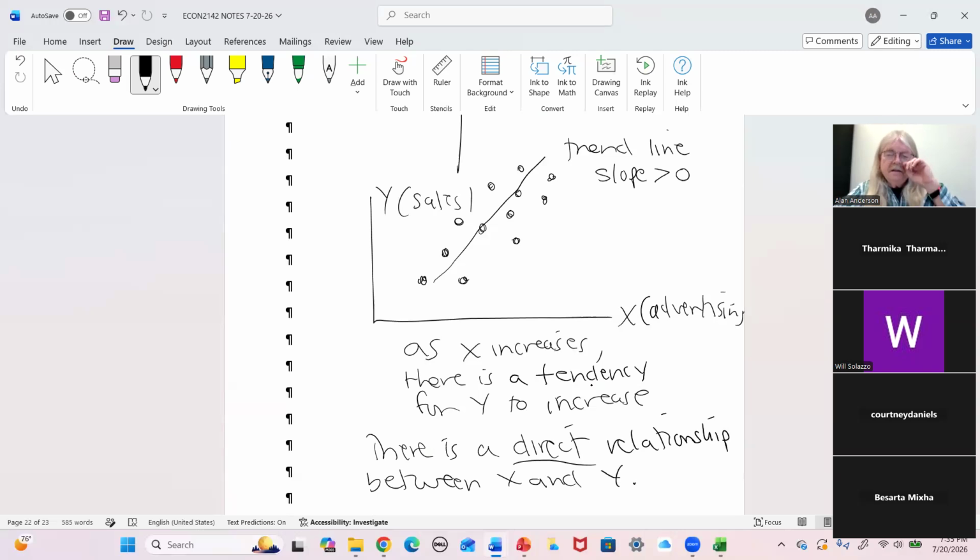So we know that in general, years in which we advertise more than usual, we also tend to have higher sales revenues and vice versa. That's really what this means.